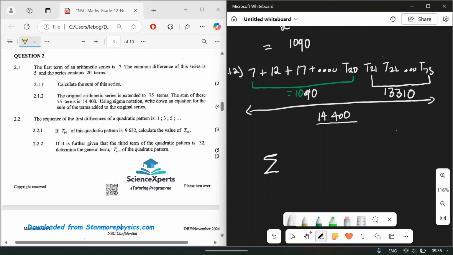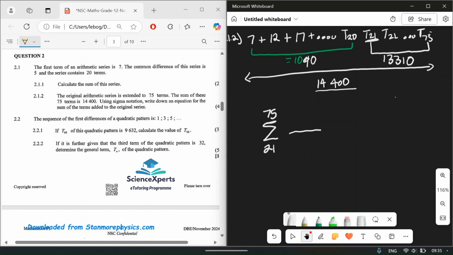Now to represent this in sigma notation, it will be sigma. The top number is the position of the last term, so that's position 75. The position where we start, 21, we write at the bottom. Then here you have to write the pattern, so we need to get Tn.